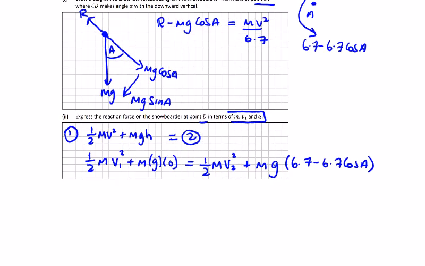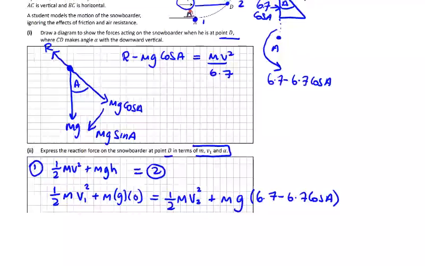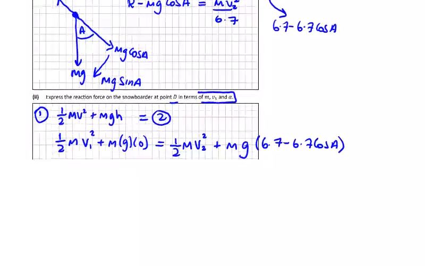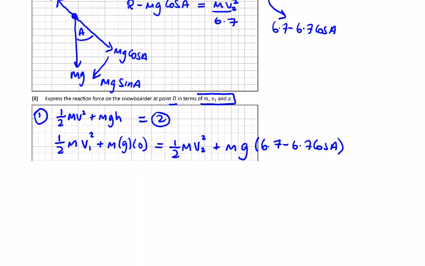So we need this to substitute into the reaction formula here, mv2 squared. At this point, we need to just simplify it down.